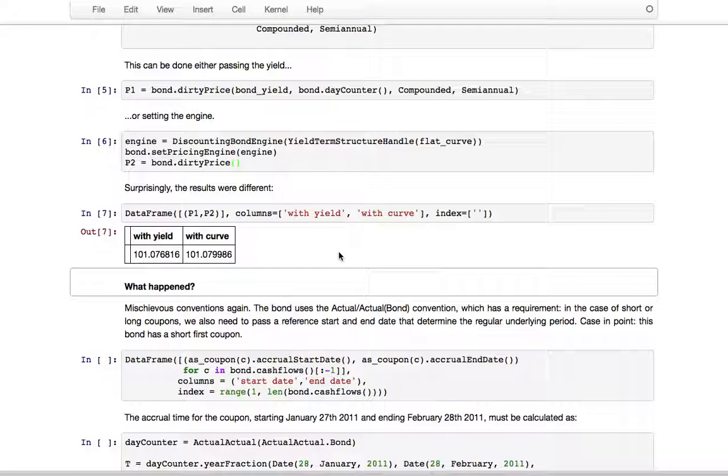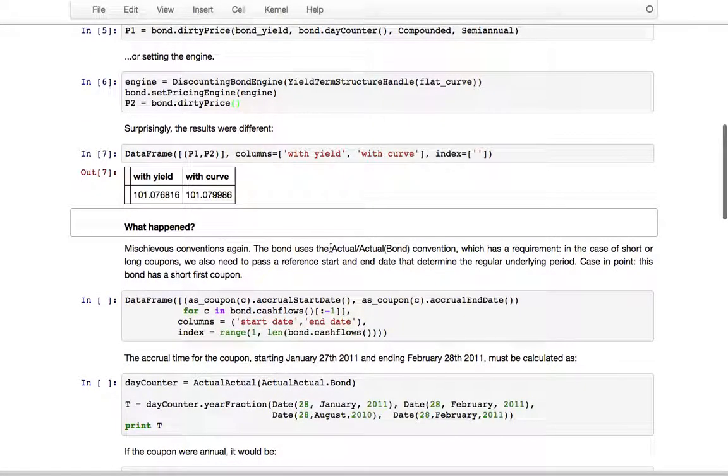The problem here is the use of a particular convention, the actual bond, for accruing over the life of the coupon, which, unfortunately, is not something that we can really replace with something else. If that's the convention, that's the convention.